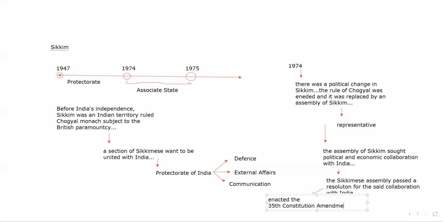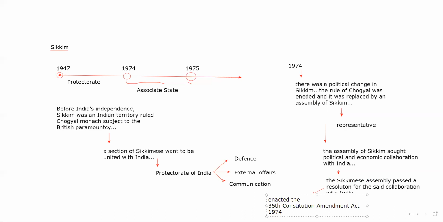The 35th Constitution Amendment Act was enacted by the Parliament in 1974, right? And by the provision of that act, Sikkim was made an associate state of India, right?